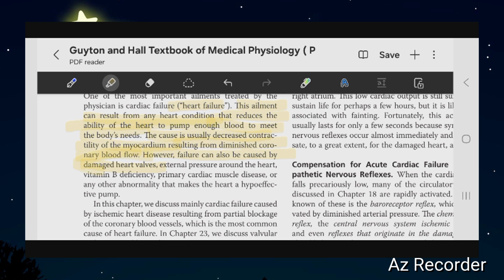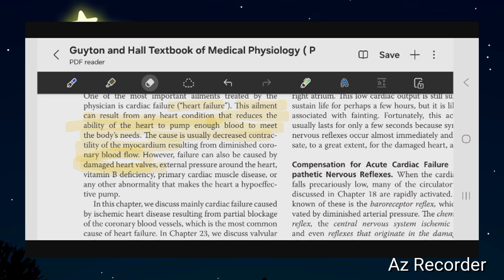Number one is damaged heart valves, like your AV valves. Your AV valve damage may occur, like incompetence, and aortic regurgitation; there is a main problem in the semilunar valve. Aortic valve stenosis may occur, or AV valve stenosis or regurgitation, mitral valve or tricuspid valve, on the left and right side of the heart.